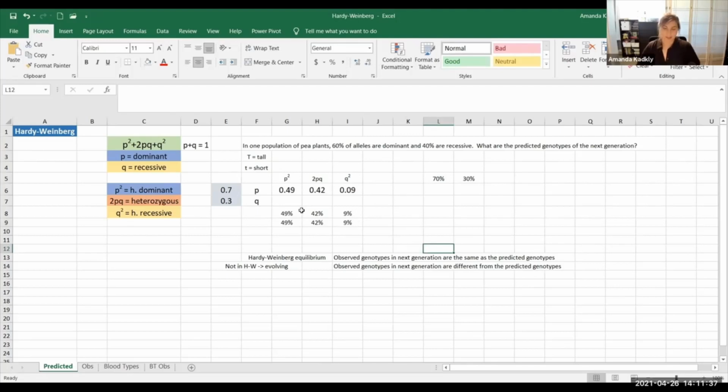It would be in equilibrium because it's basically the same as our prediction. But if we got something like 60%, 20%, 20%, what's going on here? This population would be evolving because the actual observed genotypes differ from what we would see if it was in equilibrium.